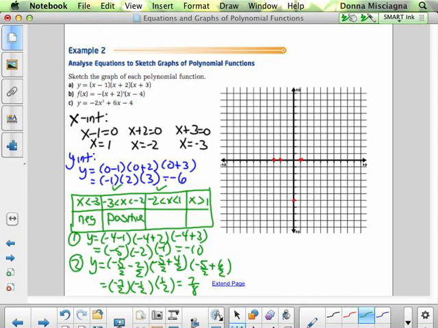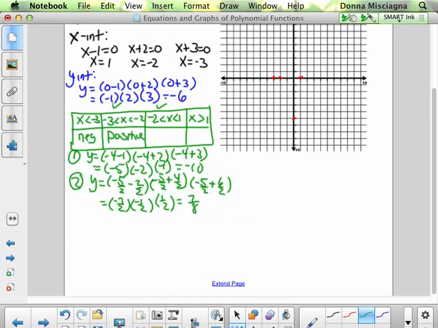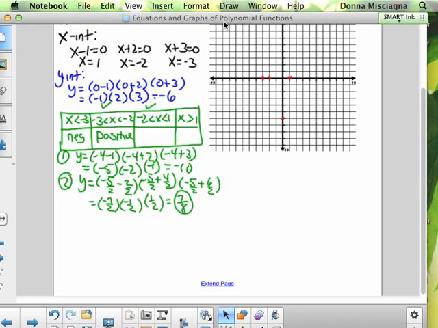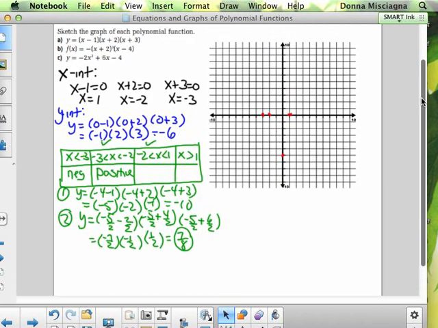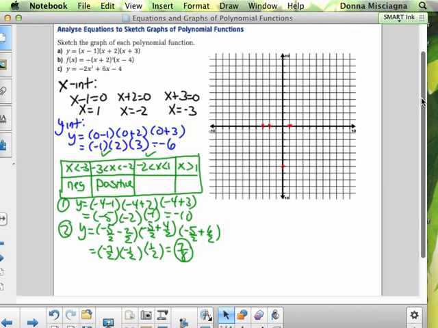Whoops, hit the extended page. That is going to be one of our relative extremas, a relative max because it's positive. So let's label that relative max.